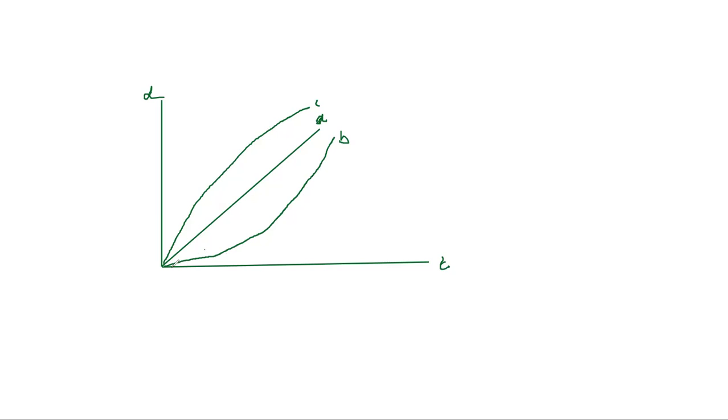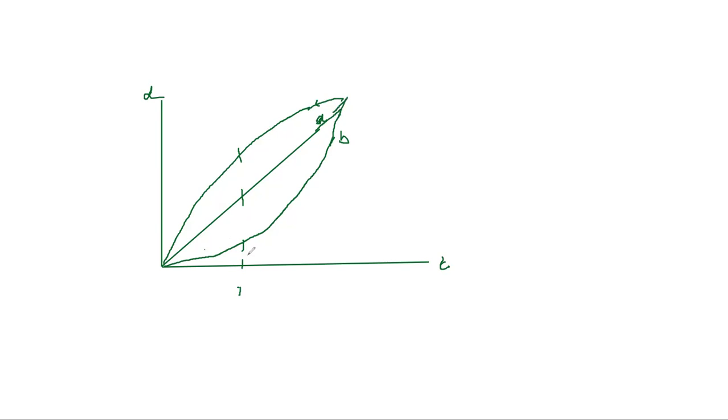But in B, as we can see, initially the distance covered per unit time was smaller. After some time passed, the distance is smaller for the same amount of time. Let's say this time is 1 hour. For car A, it covered more distance in the same time, but car B covered less distance.